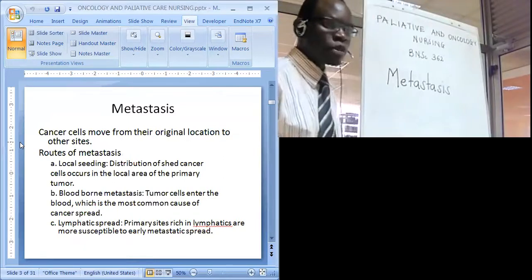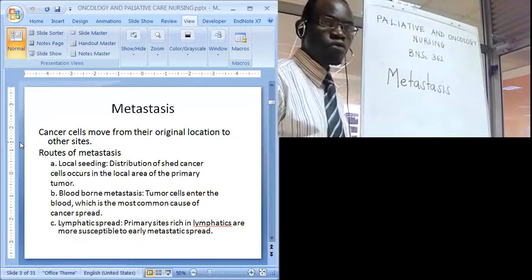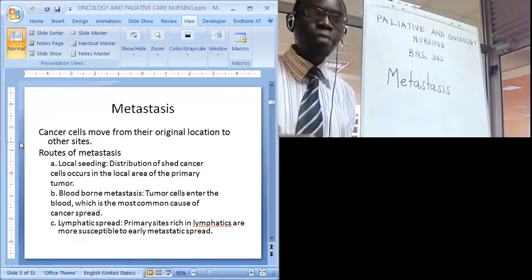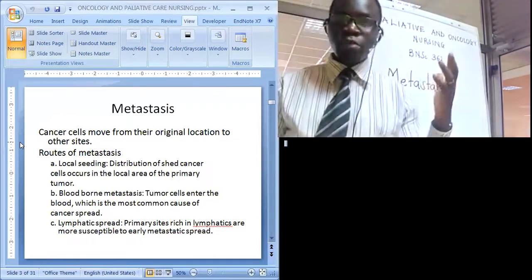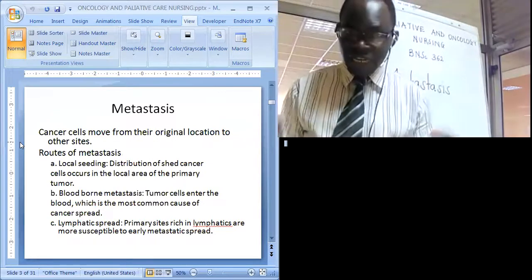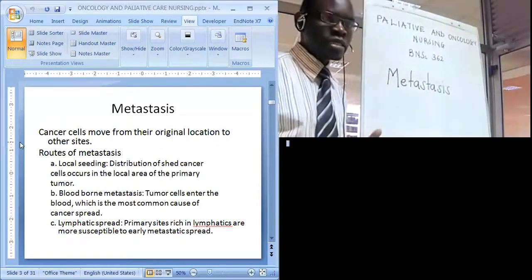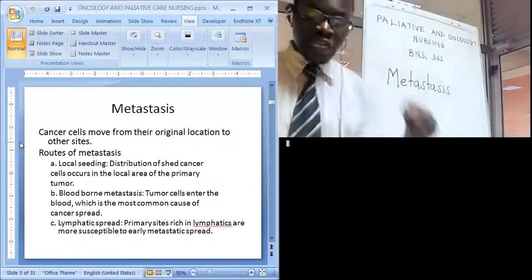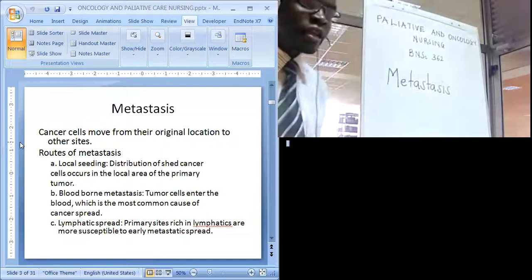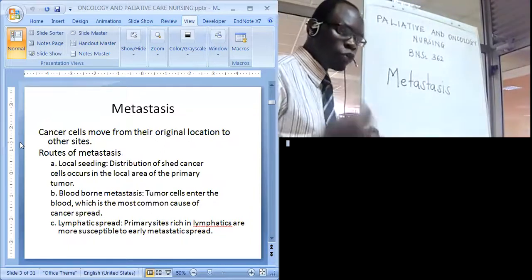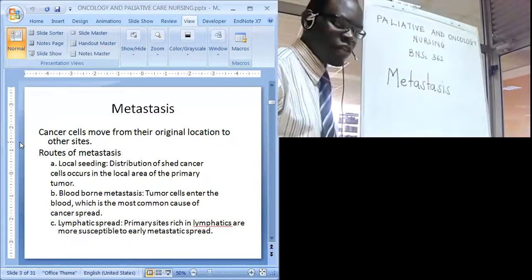In other words, they move from where they originated to different sites or different places. For example, if it originated within the lungs, it will move on to other areas other than the lungs.